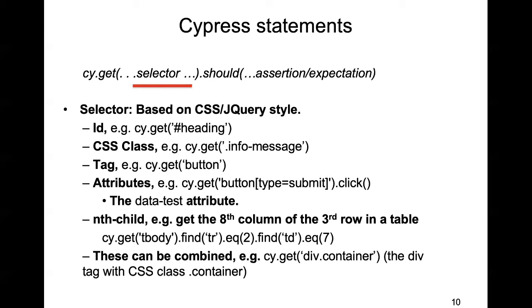So hopefully you'll have enough to get through the lab exercise and indeed the assignment. And we know what the notion of assertions or expectations are from our unit testing discussion. So I'm not covering that side of Cypress because it's really a Mocha and Chai thing.